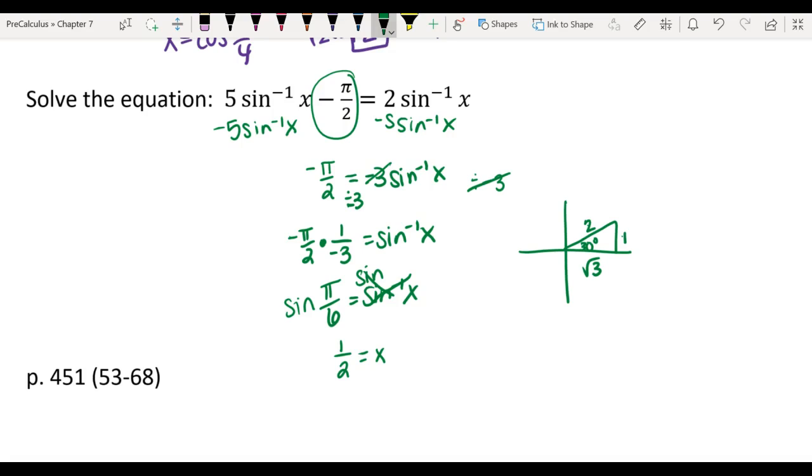Yep. Because sine and sine inverse cancel. So I did that because people were getting messed up with the negative ones switching your fraction. That's not how it works with sine and cosine. Okay? So I think it'd just be easier if you got rid of the sine inverse by taking sine of each side.